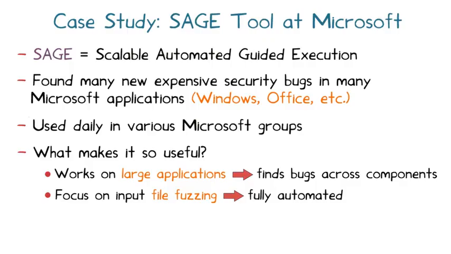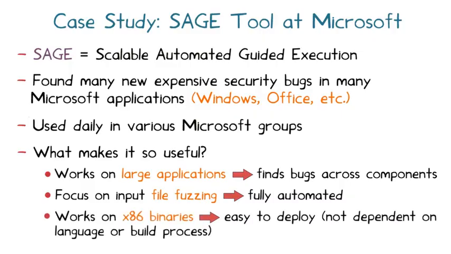This in turn enables Sage to be fully automated. For instance, a user need not specify the input format of the application. Third, Sage works on x86 binaries, making it easy to deploy. In particular, it is not dependent on the programming language or build process used by the application. You can read more about Sage by following the links in the instructor notes.